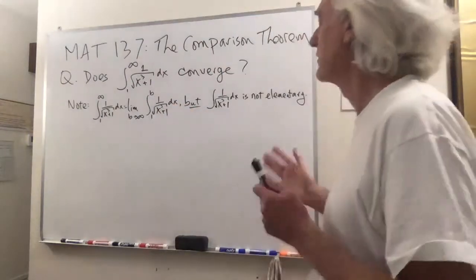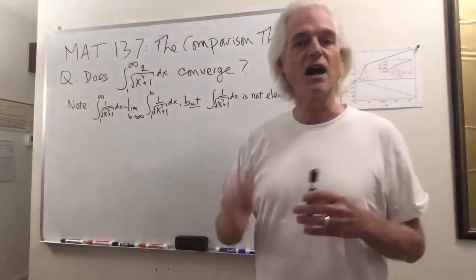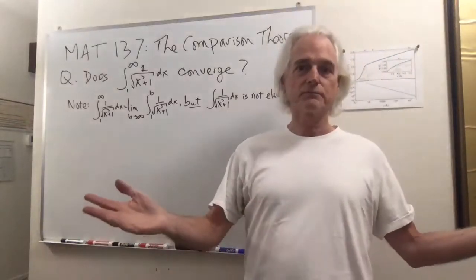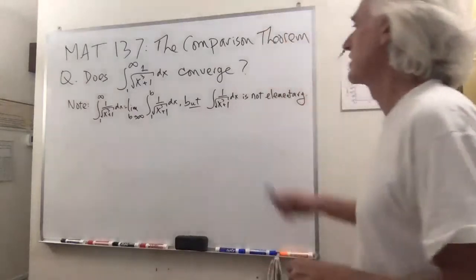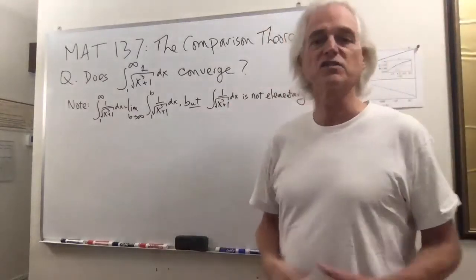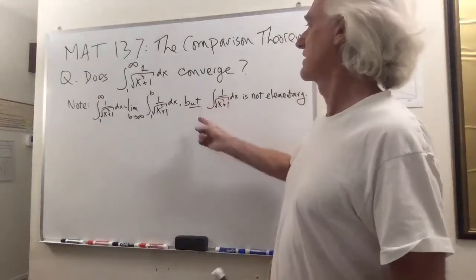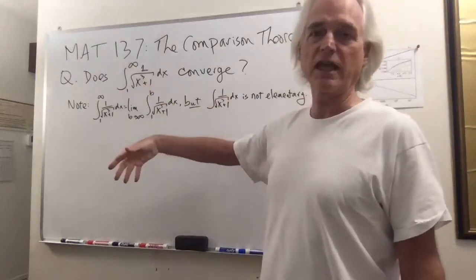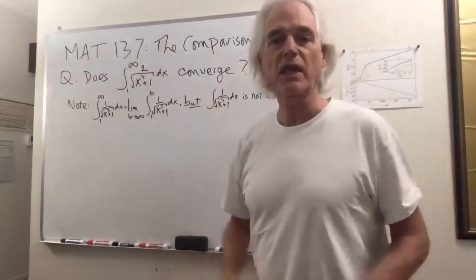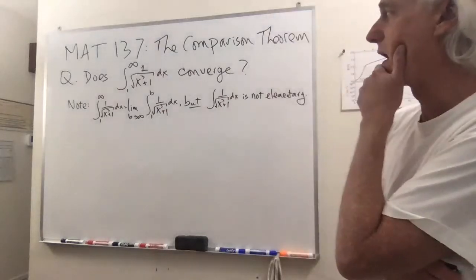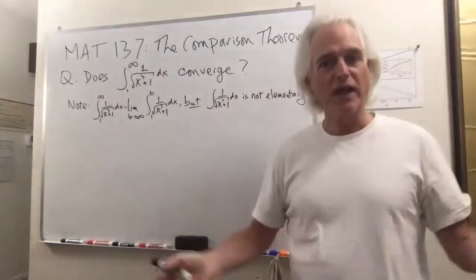Now, the problem is that this is a non-elementary integral, okay? We don't know what function that is, so we can't evaluate the antiderivative at b minus the antiderivative at 1, okay? So what do we do? Well, we use the comparison theorem.